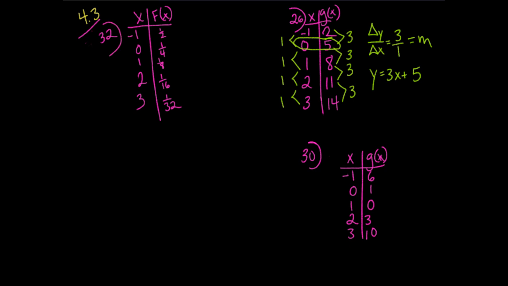Now looking at number 32, if I take the difference from 1/2 to 1/4, I have to subtract a fourth. Then I'm subtracting an eighth. So you can see that this is not linear.